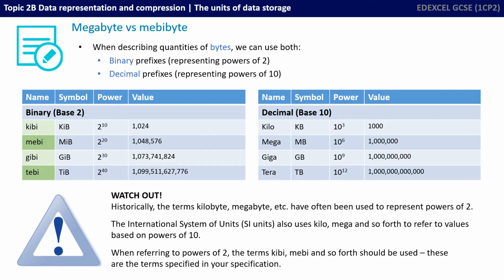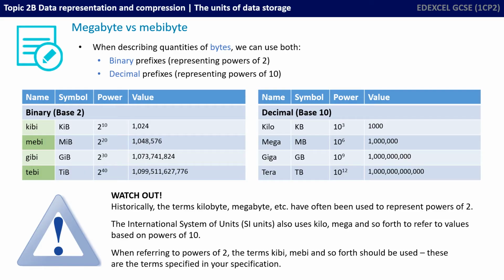Historically, the terms kilobyte, megabyte, etc. have been used to represent computing data capacities of powers of 2. But the International System of Units also uses the words kilo and mega and so forth to refer to values to the power of 10.